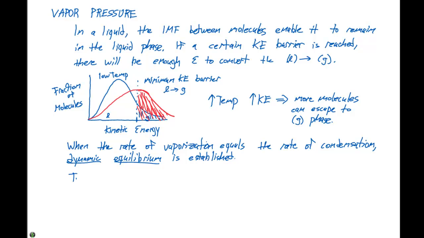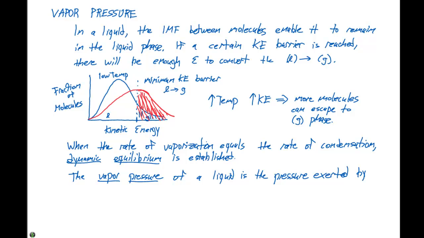So the vapor pressure of a liquid is the pressure exerted by its vapor when the liquid and vapor are in dynamic equilibrium.